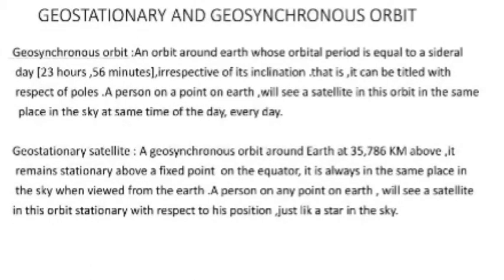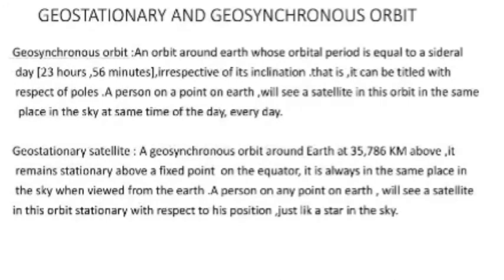A geostationary satellite is in an orbit around Earth at 35,786 kilometers above the equator. It remains stationary above a fixed point on the equator, always in the same place in the view from the Earth. For example, a person at any point on Earth will see the satellite stationary with respect to its position.